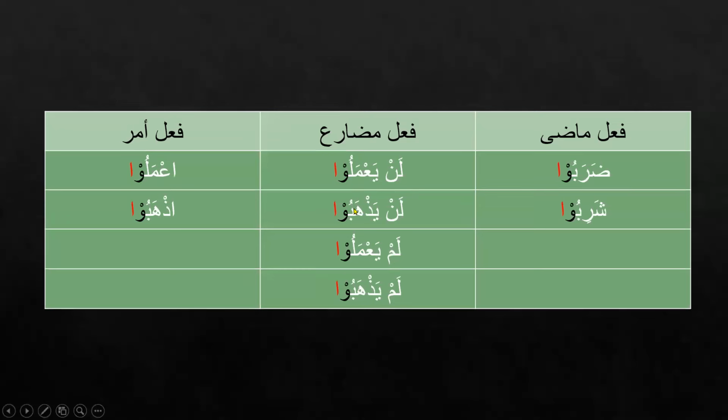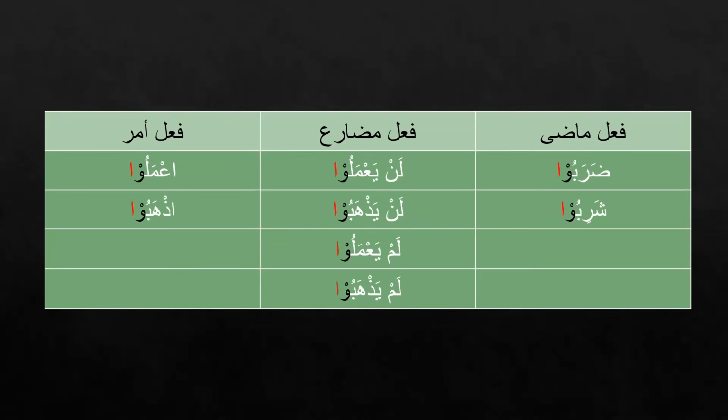These are all the negative fi'l mudari, and inshallah we will see how we can make fi'l mudari in the negative forms. But just to differentiate the Waw Jama'a and Alif Al-Fariqah, these examples are given here, so the concept will be clear, inshallah. So you can see there that there are no damir muttasil attached to them.